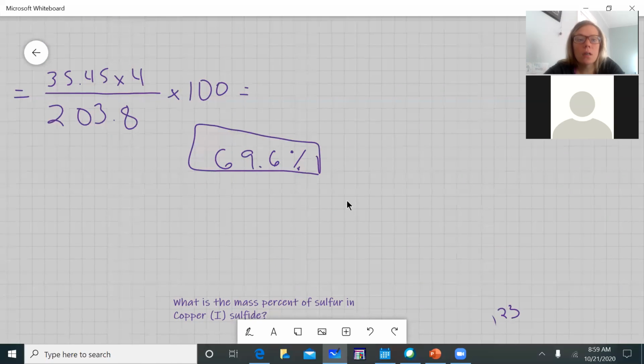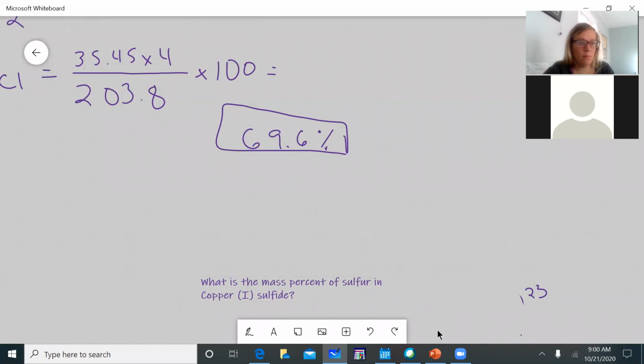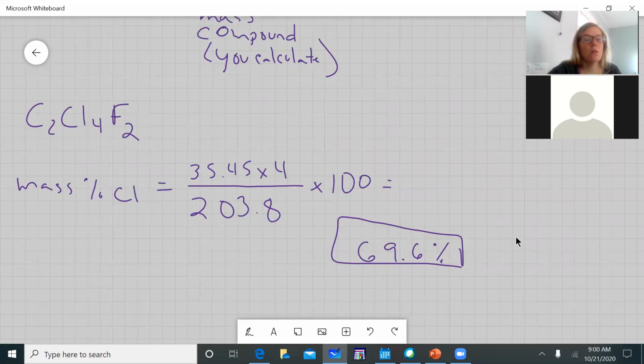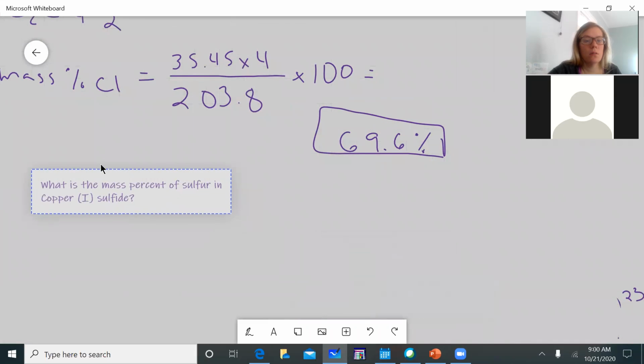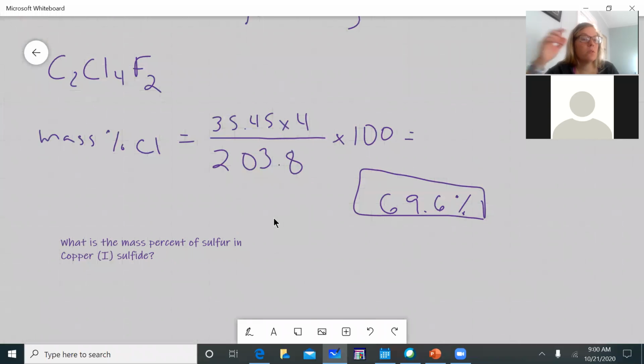Go back up here. So you got a bigger molar mass for all of them. So we had 2 carbons, 12.01 times 2 plus 35.45 times 4 plus 18.99 times 2. I got 203.8. What number did you get in there, Gabriella? Because if you got like 239, that's okay.